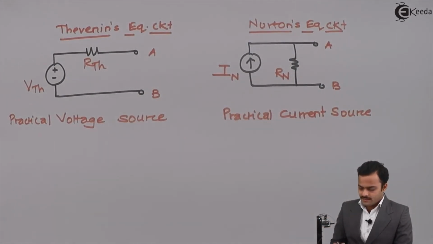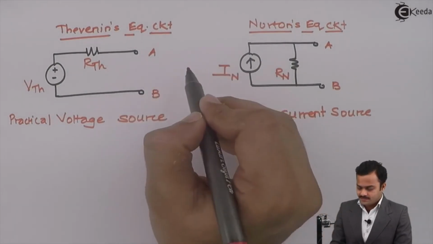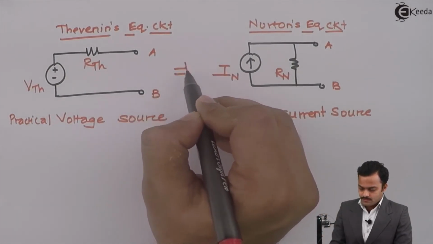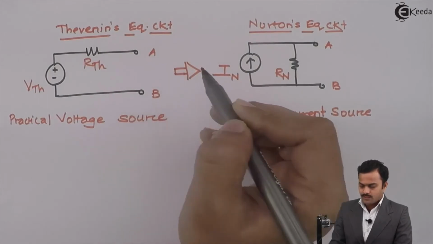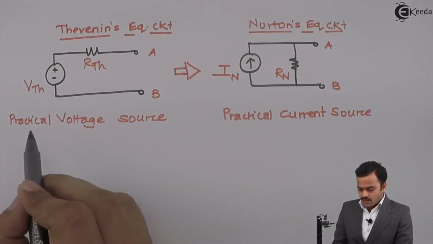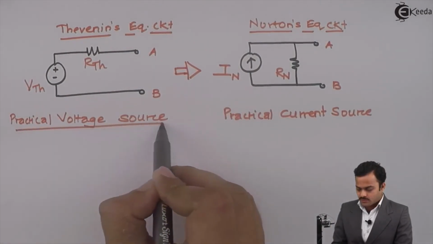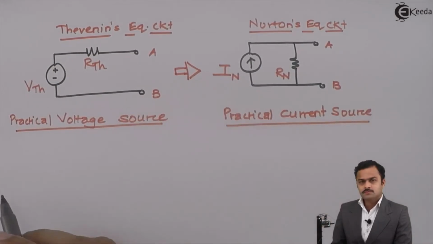Now the thing is that these two circuits are linked to one another. How? I can convert this practical voltage source into a practical current source.